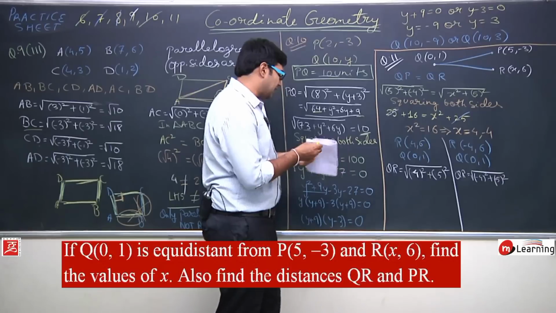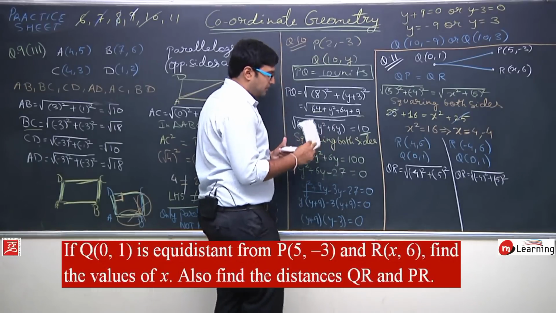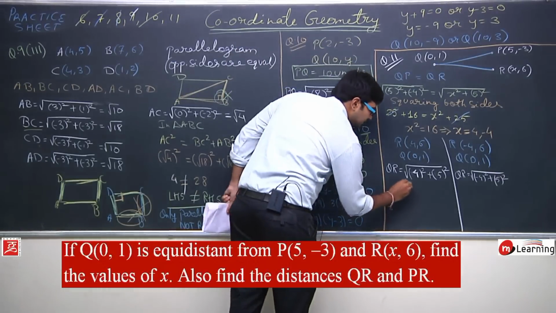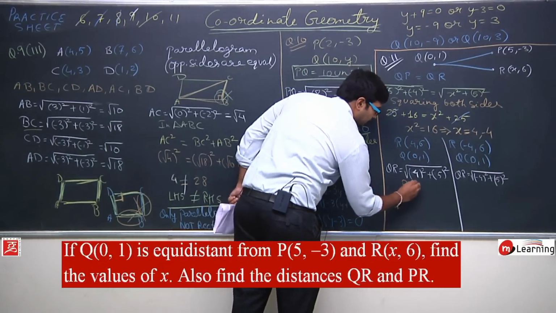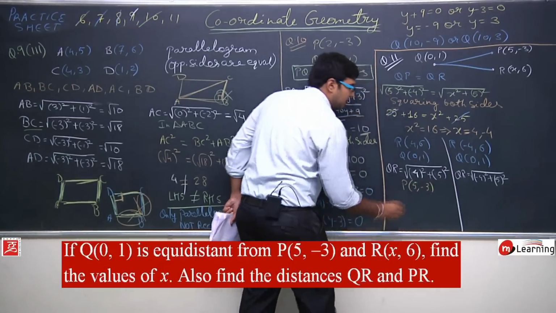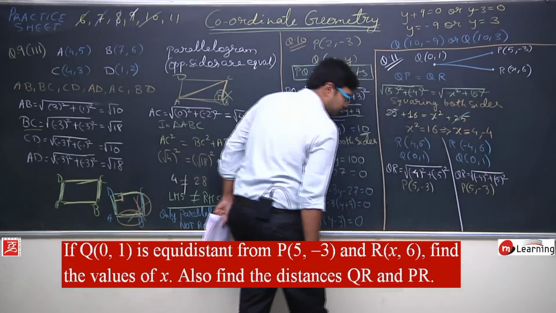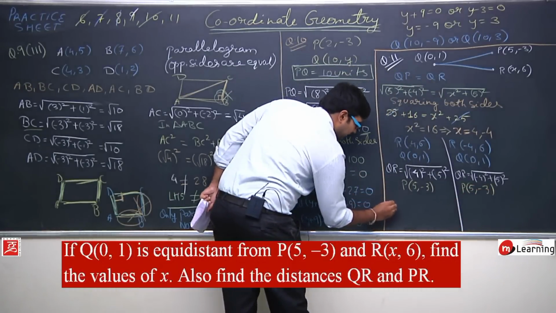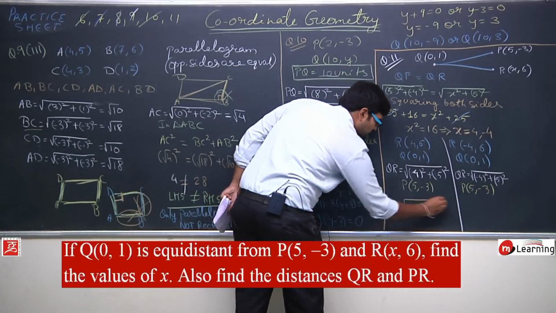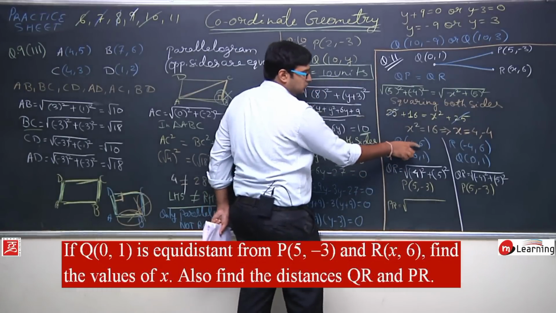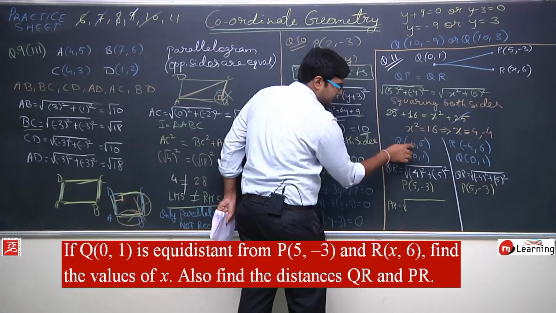And similarly we can calculate the length PR. Point P is (5, minus 3). Here also point P will remain (5, minus 3). Okay. Now PR will be equal to what? Square root of, in this case, x1 y1, x2 y2.